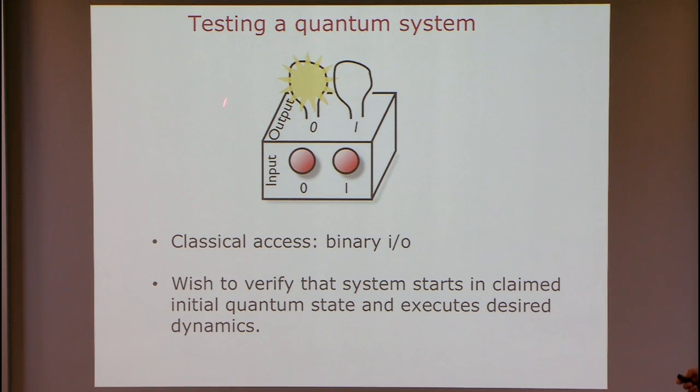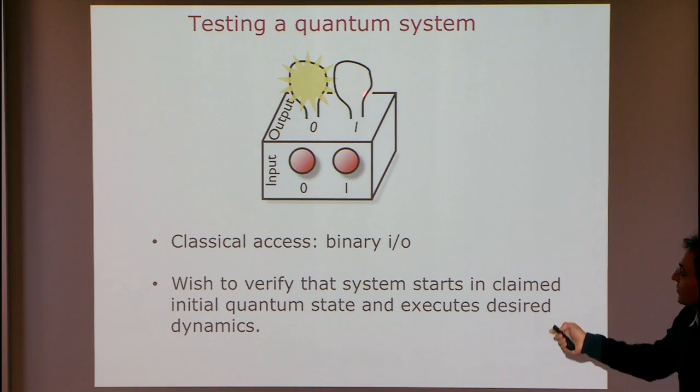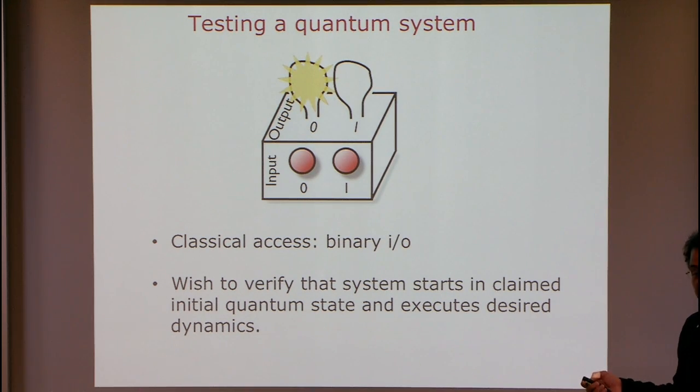So one way we can think of this whole issue of testing quantum devices is, let's get it down to the basics. Let's think of it as a black box where, since we must interact with it as classical beings, let's imagine that the input and output are digital, and let's make them binary, without loss of generality.